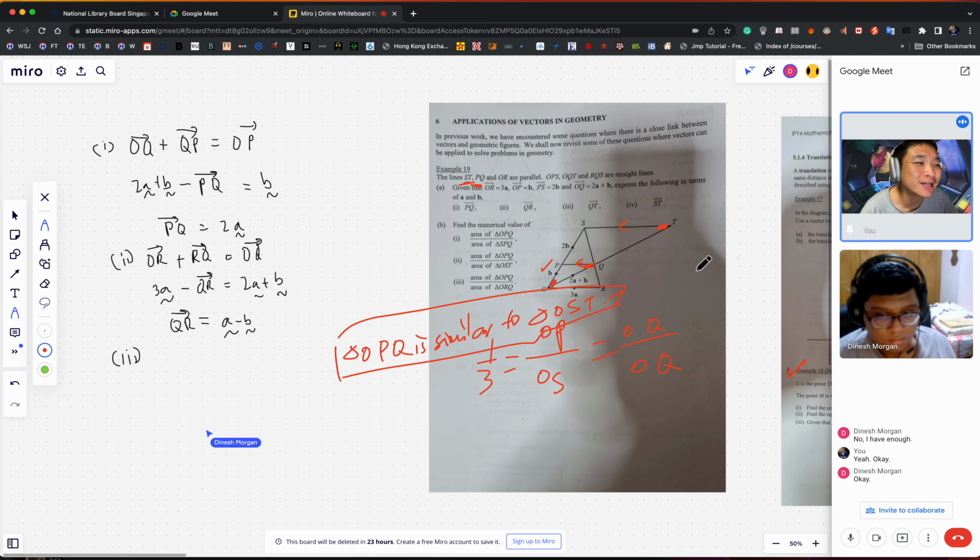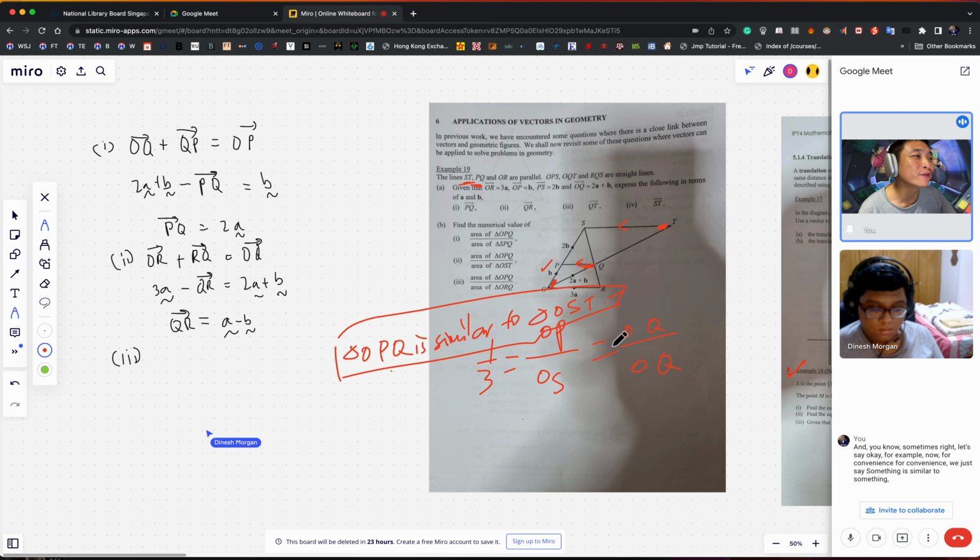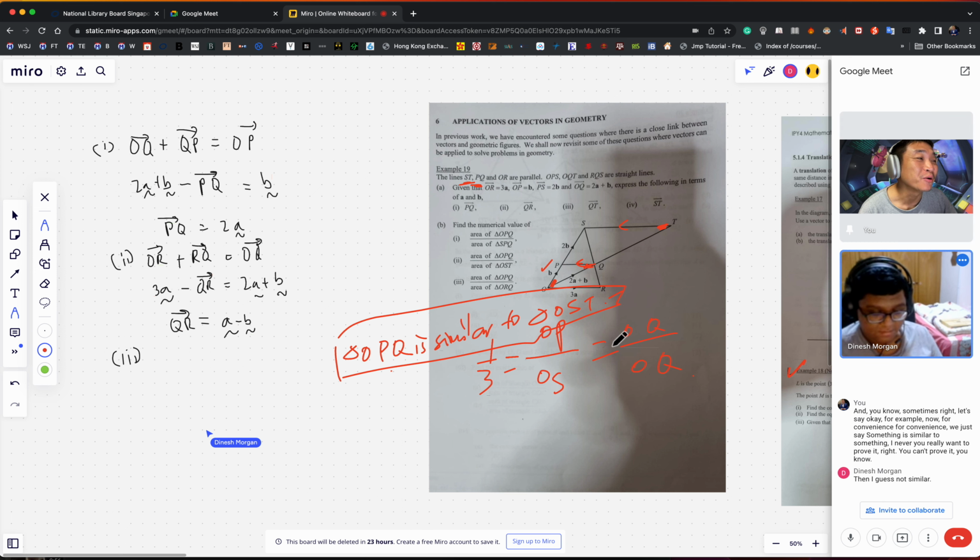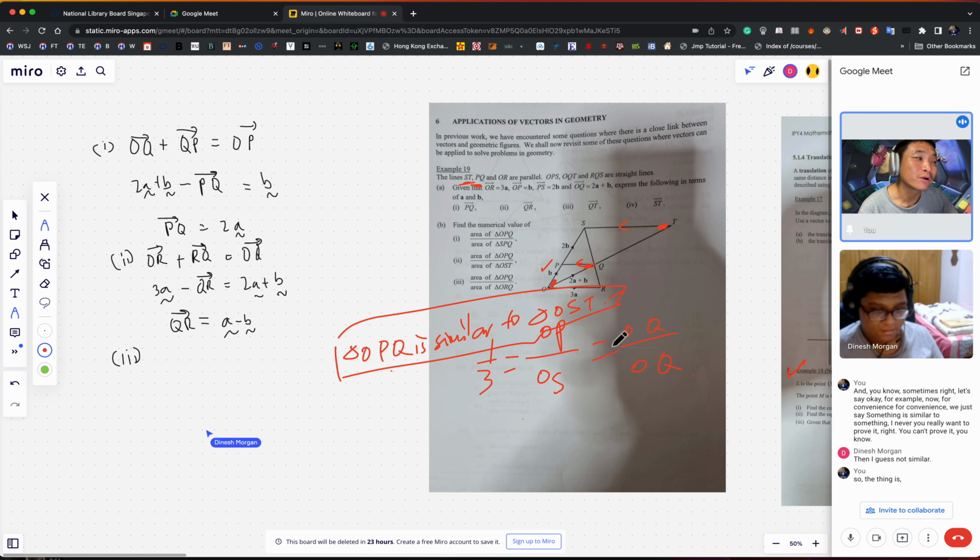Sometimes, for example, for convenience we just say something is similar to something, and then when you really want to prove it, you can't prove it. Then I guess it's not similar. According to your teacher, I don't have to prove it.